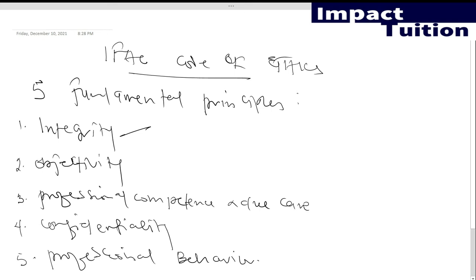So, keywords to note from integrity: straightforward and honest, and then fair dealings and truthfulness.